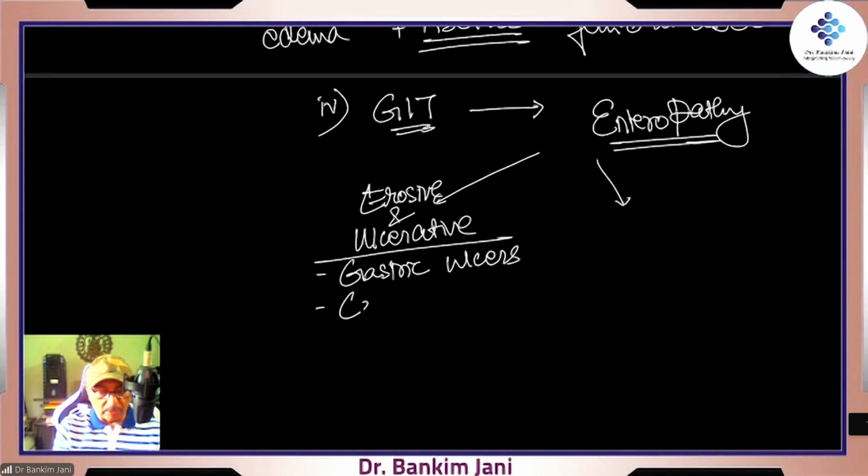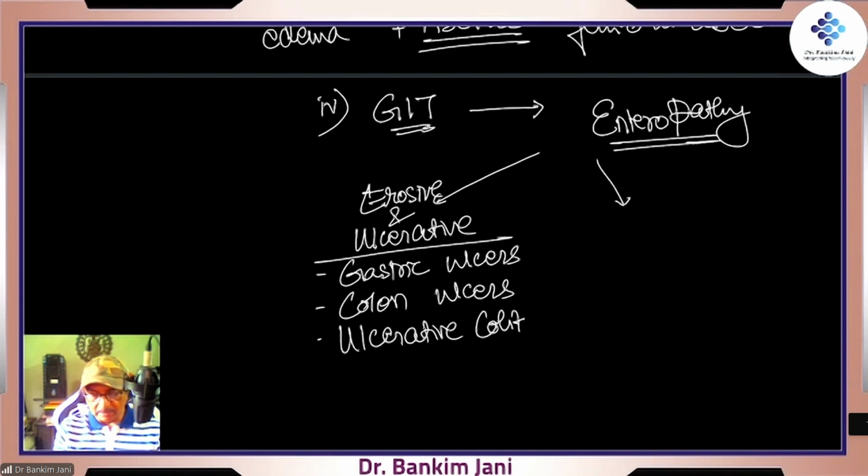Colon ulcers, or what is called ulcerative colitis, where there are multiple small ulcers in the colon. Crohn's disease, again a massive infection. So these are where there is erosion and ulcer.